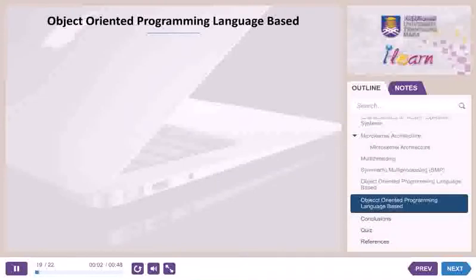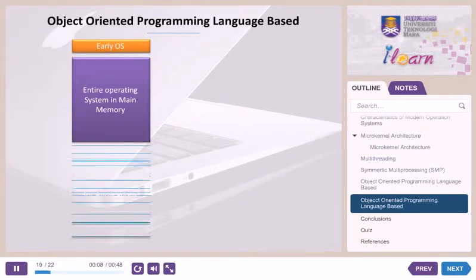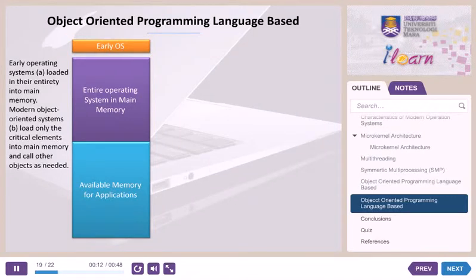Object-oriented programming language-based. Early OS: entire operating system in main memory, leaving less available memory for applications. Early operating systems, A, were loaded in their entirety into main memory. Modern object-oriented systems, B, load only the critical elements into main memory and call other objects as needed.